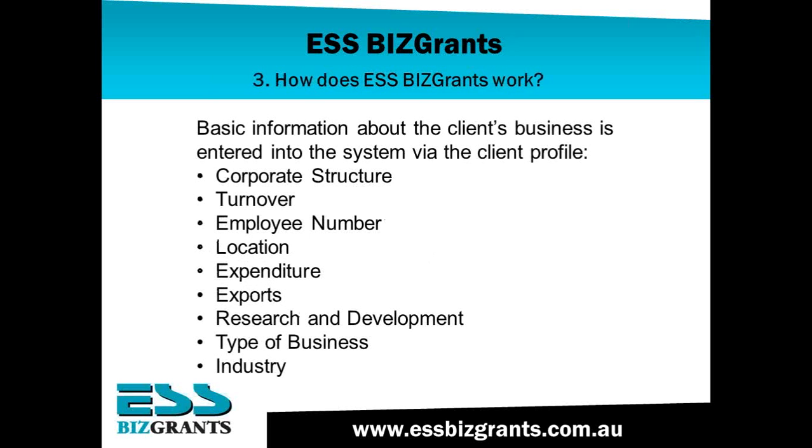So when you first go into the system, we're going to be asking you to identify the corporate structure, the turnover, employee numbers. Employee numbers are very important for some grants. The location, there are some variations in grants depending on the location around Australia. Does the business export? Does the business undertake research and development?